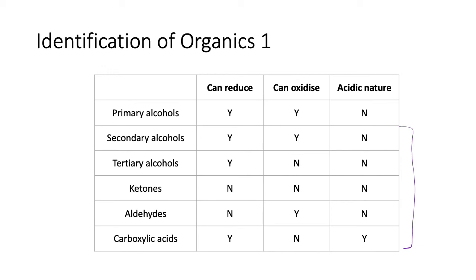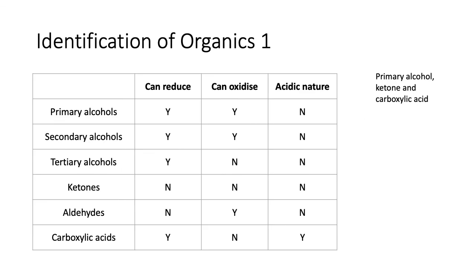Also, you can talk about working out a way to differentiate between certain combinations of substances. So, for example, if you have three unknown organics and you don't know which one's which, but you know that one of them is a primary alcohol, a ketone, and a carboxylic acid. So you might do a couple of chemical tests.